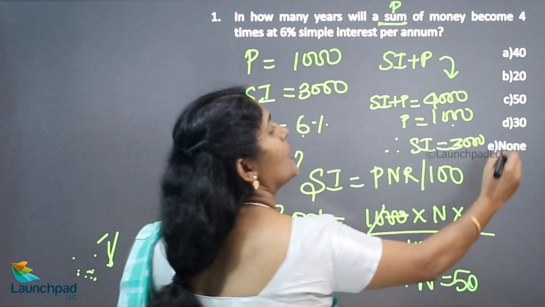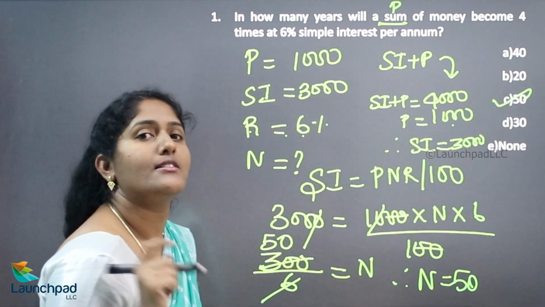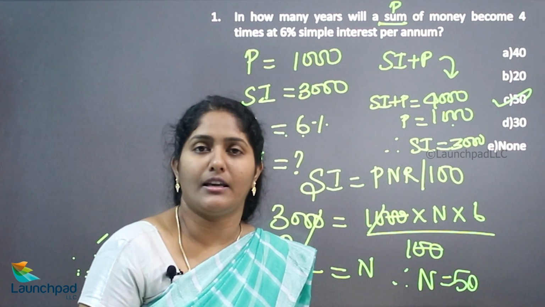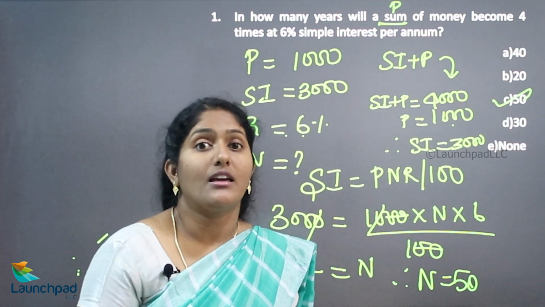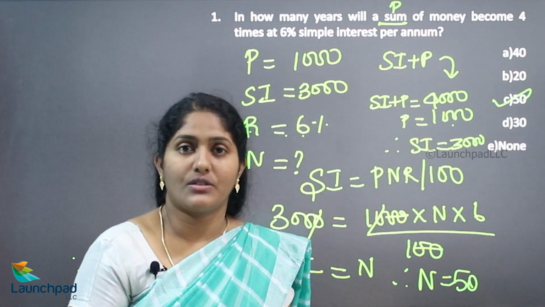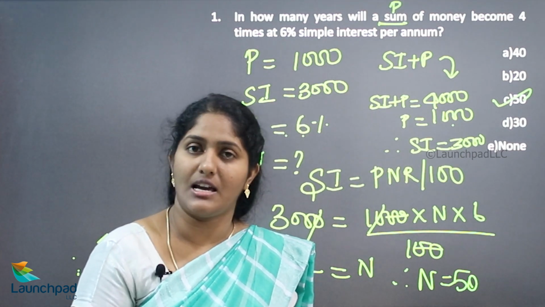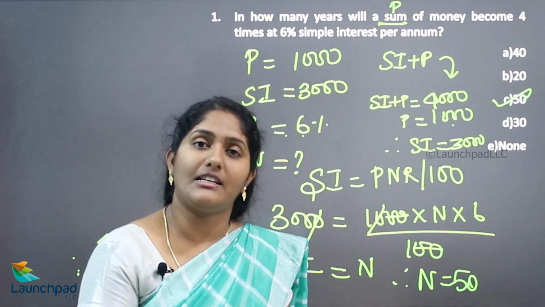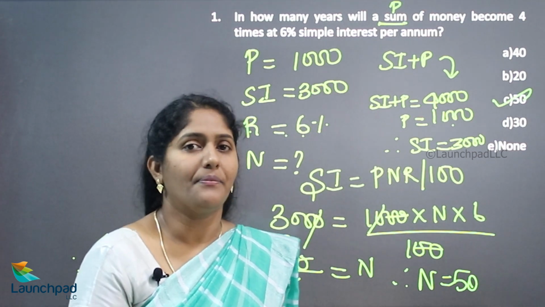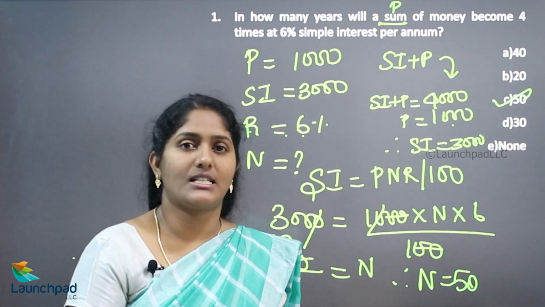So your answer is option C. This is the example of how we can calculate the number of years without knowing the principal amount and SI amount. Okay, now move on to the next question.